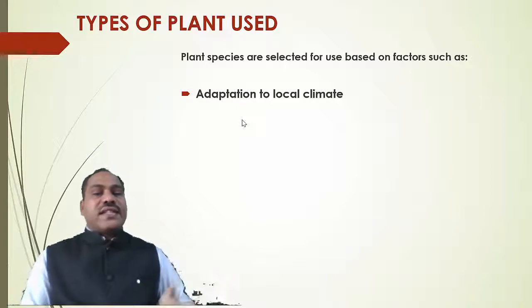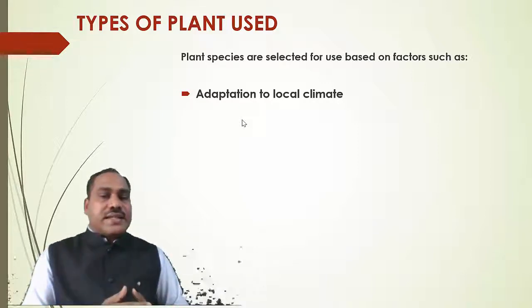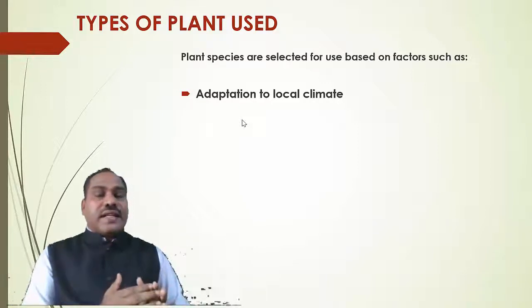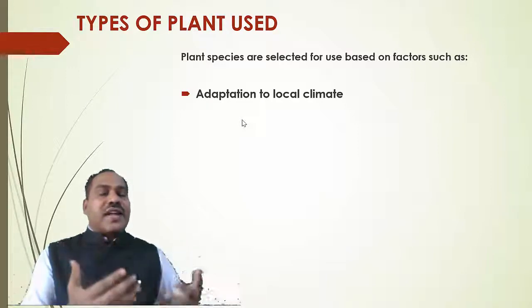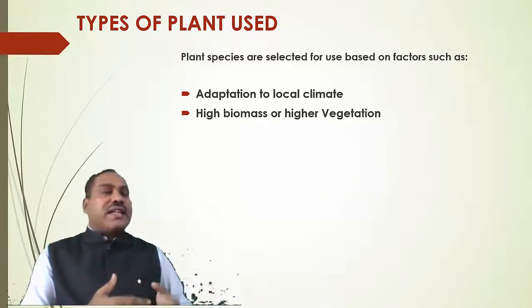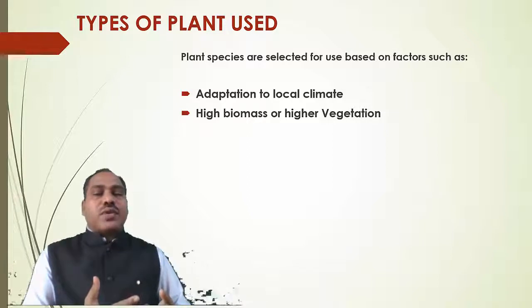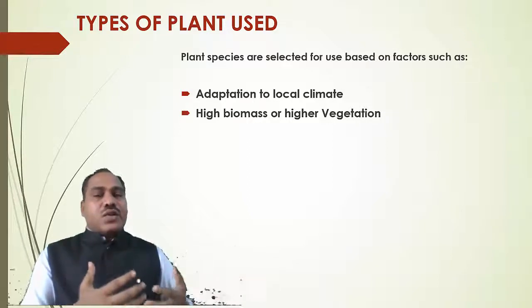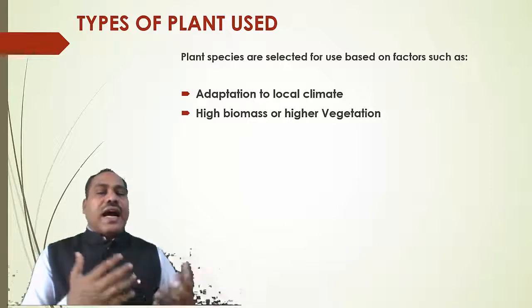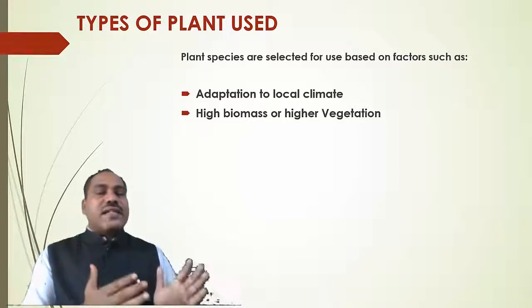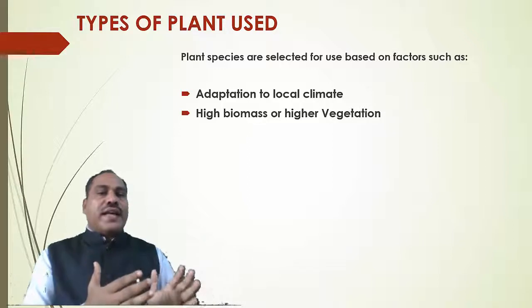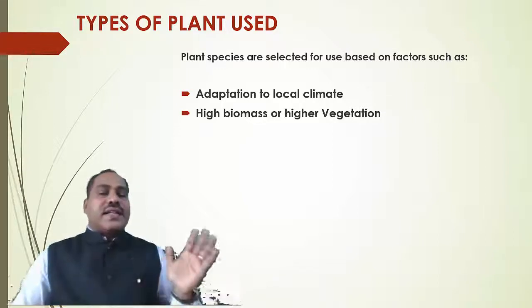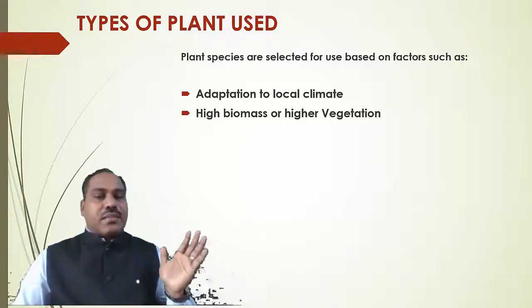The second one is high biomass and higher vegetation. This is one of the important criteria: if the plant's biomass is more, then it is able to accumulate more pollutants and contaminants in the plant body. So higher vegetation cover and higher biomass are always good characteristics of plants selected for phytoremediation programs.